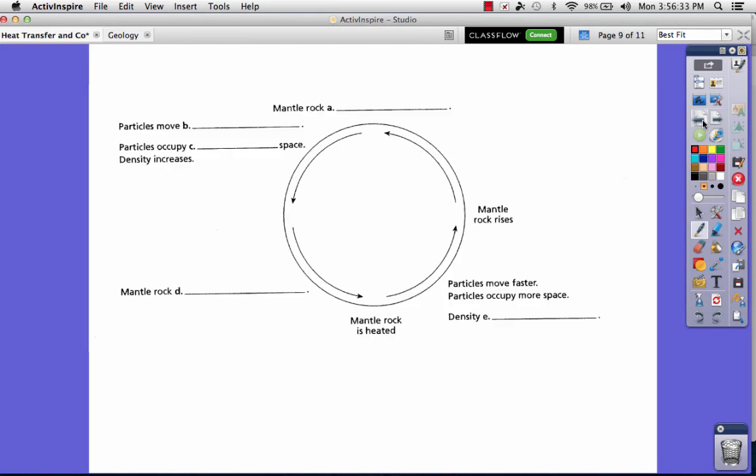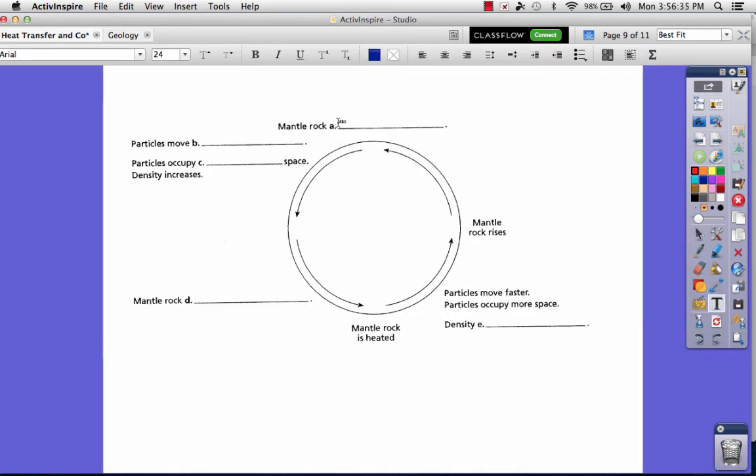Okay, so to back up for a second and fill out these spaces that need filled out. Mantle, okay, this is just kind of a progression. At the very top, this is a cycle, the cycle of the convection current. So we have mantle rock cools, and when it cools, particles move slower, and when they move slower, particles occupy less space, and density increases.